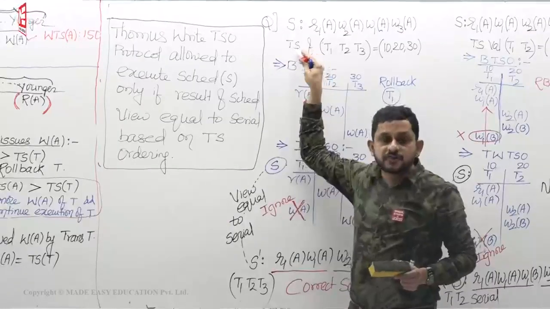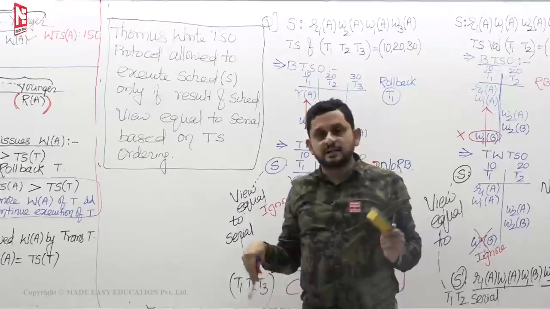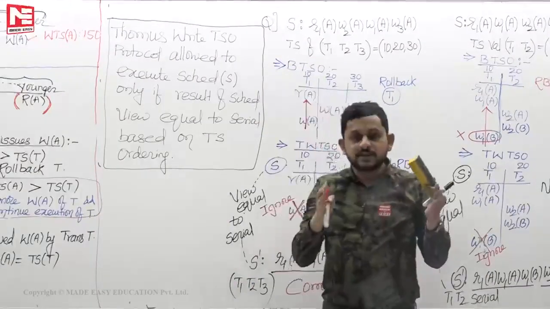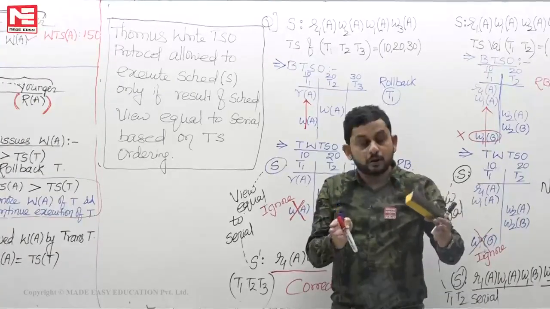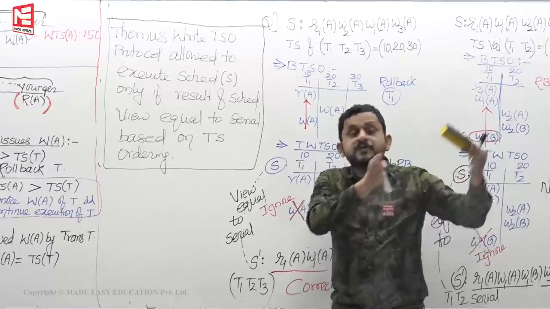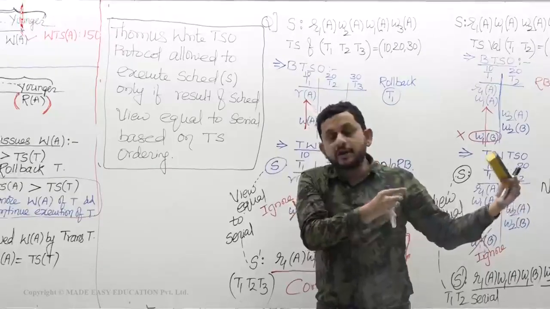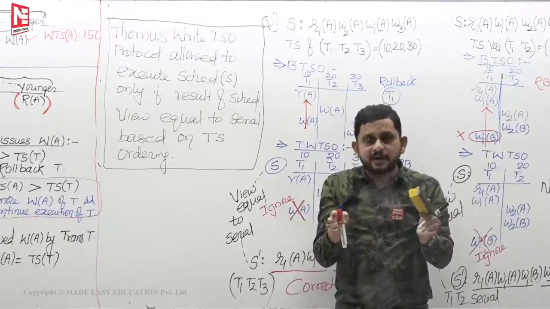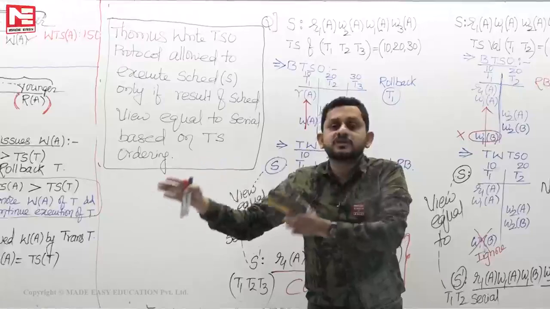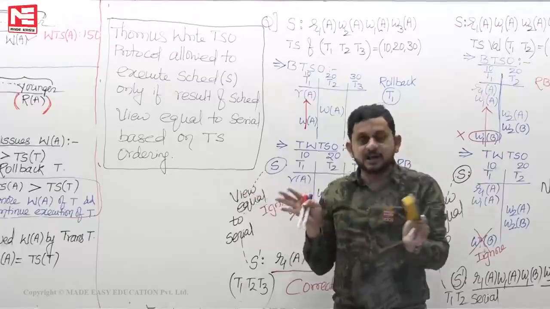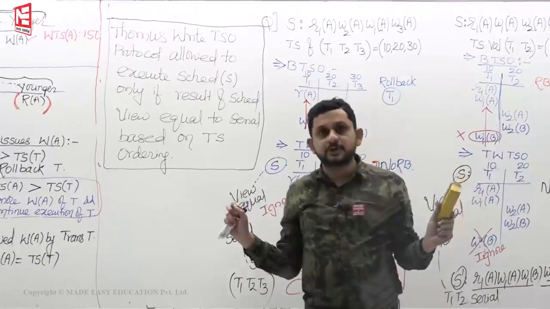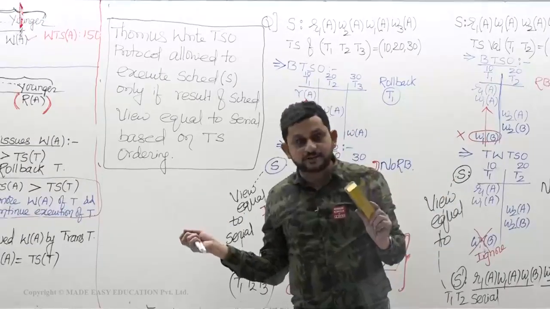Here the result of the schedule is view equal to the serial schedule based on timestamp order. So basic timestamp ordering protocol is close to conflict equal serial order, and Thomas write rule timestamp ordering is close to view equal serial order. This is the difference between basic timestamp ordering and Thomas write rule timestamp ordering.